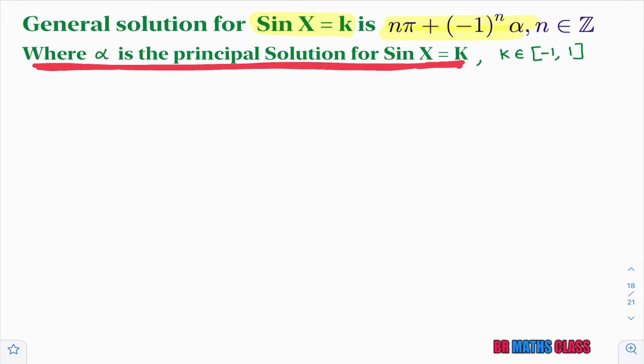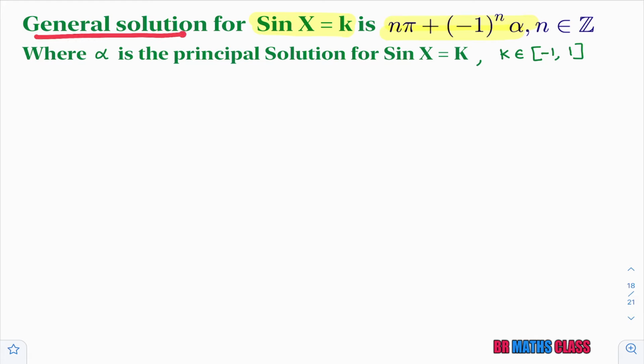In the last class, we learned the value of x which lies in the interval closed 0, open 2 pi and satisfies the trigonometric equation is called principal solution of the trigonometric equation. Why is the general solution of sin x equal to k equal to n pi plus minus 1 whole power n into alpha? So, we will derive this result.